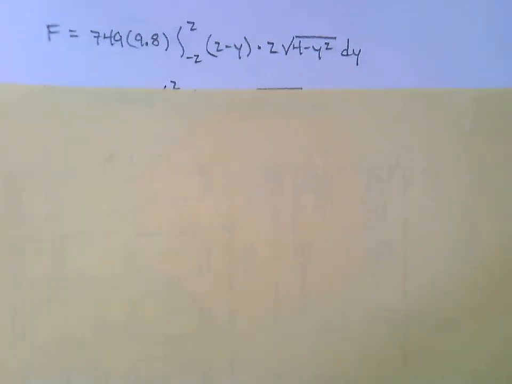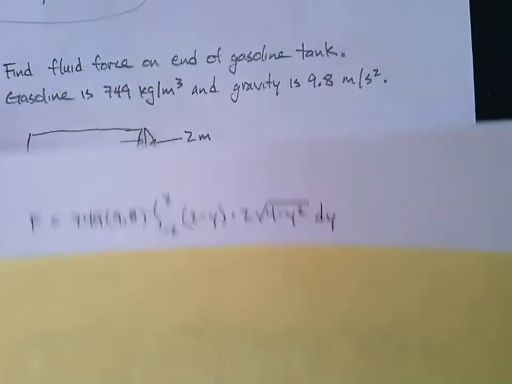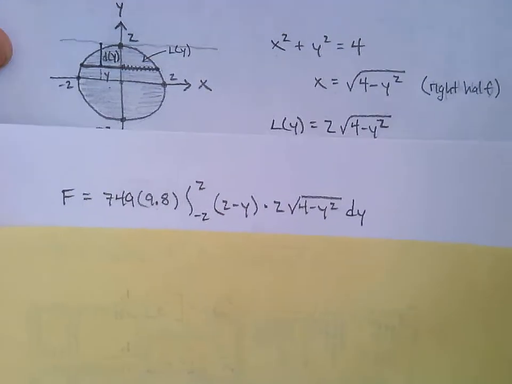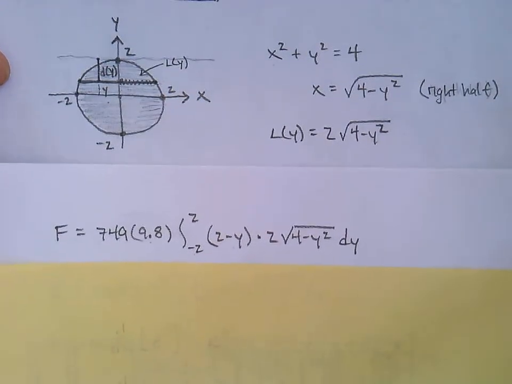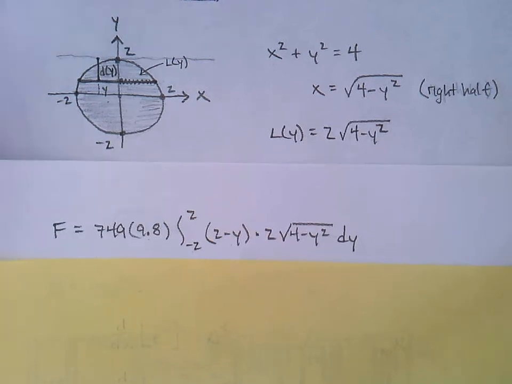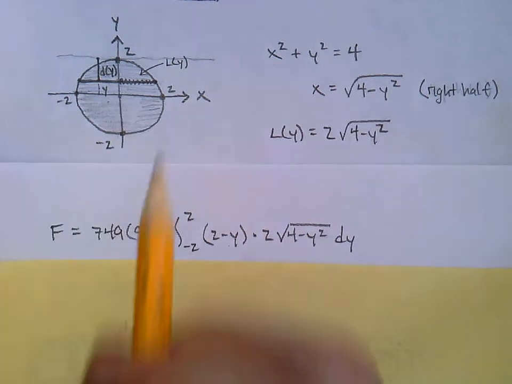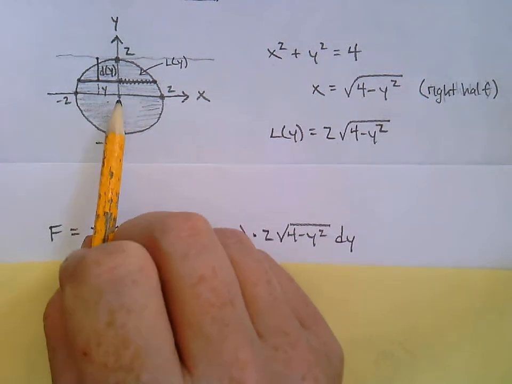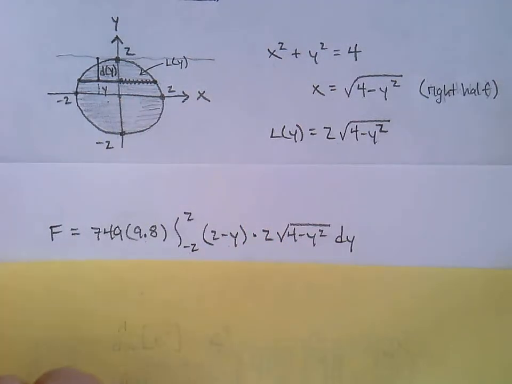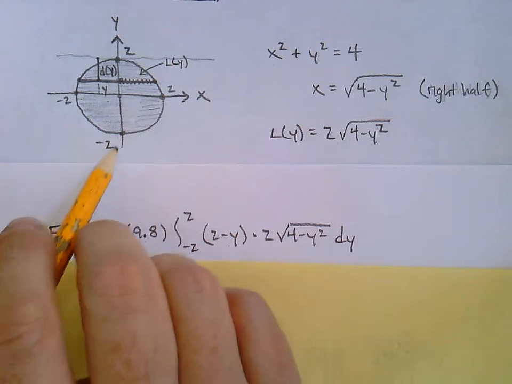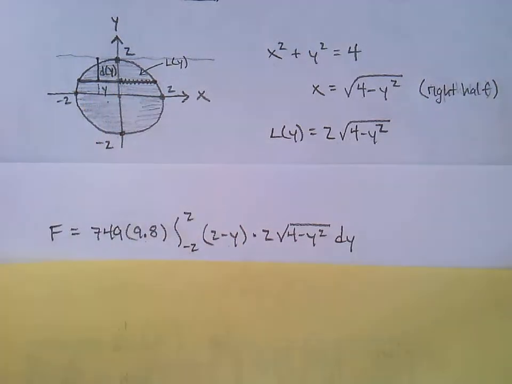You know what? Let's point out one thing. As we talk about symmetry and taking advantage of symmetry, do you think it would be possible, just looking at our drawing and thinking about the context, we go from -2 to 2, right?